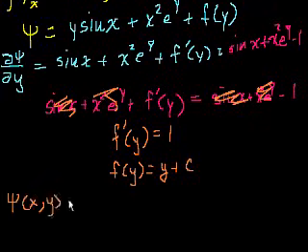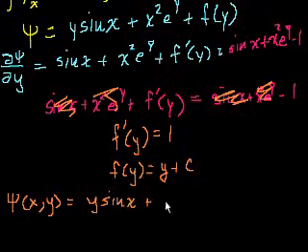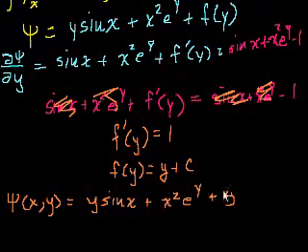Xi is a function of x and y is equal to y sine of x plus x squared e to the y plus... Oh, sorry, this is f prime of y minus 1. So this is a minus 1. So this is going to be a minus y plus c.